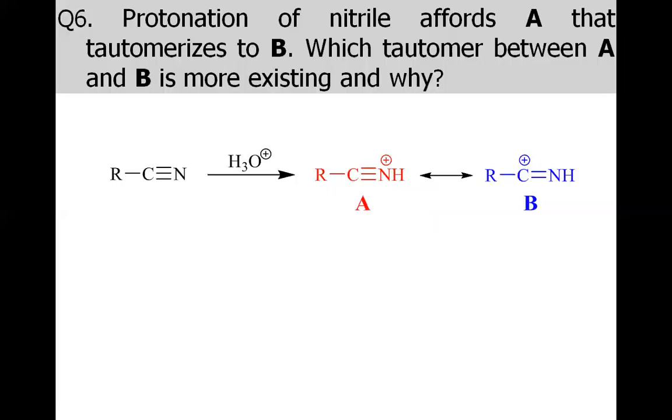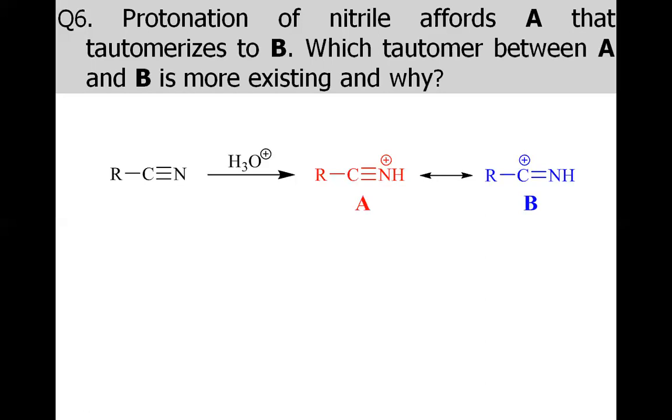So apparently, you must be thinking that this tautomer B should be the more existing. You know why I'm telling you this? Because if you consider the electronegativity of carbon and nitrogen, nitrogen has more electronegativity than carbon.